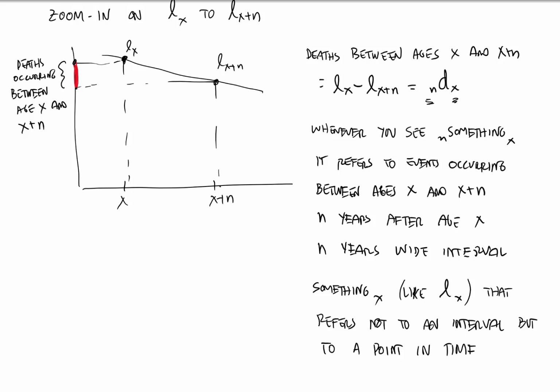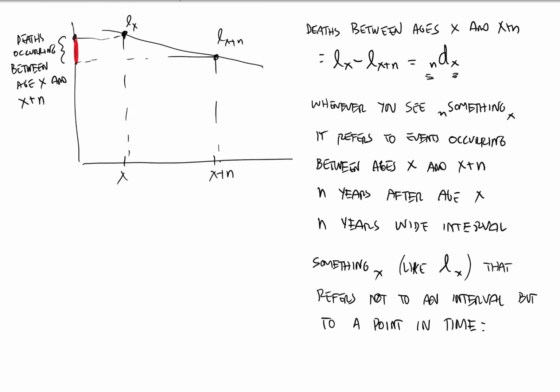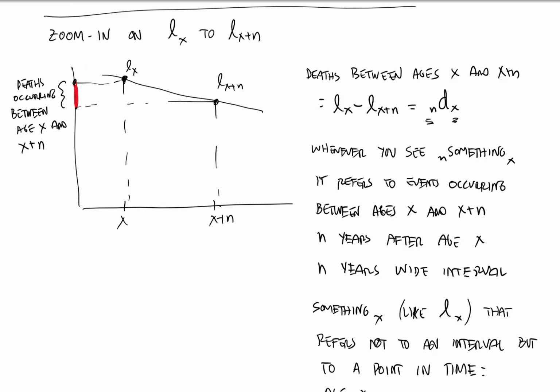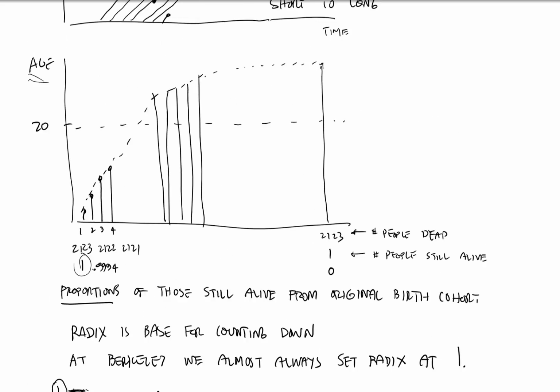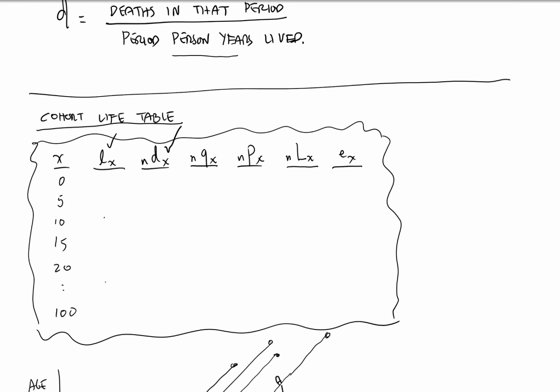And in this case, it's going to be the age x. Exact age x. So here is our example, n d x and L of x. n d x is our second column, and it refers to the numbers of deaths that occur between ages x and x plus n. I'm going to only talk about two more tonight.